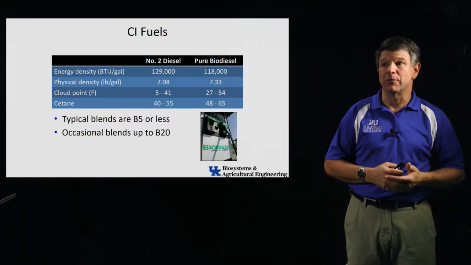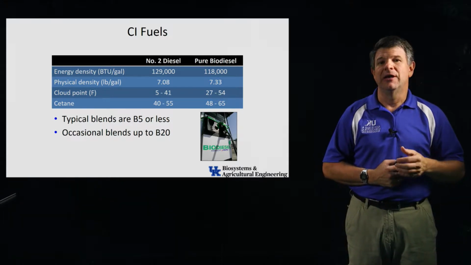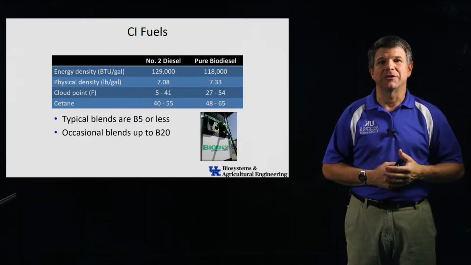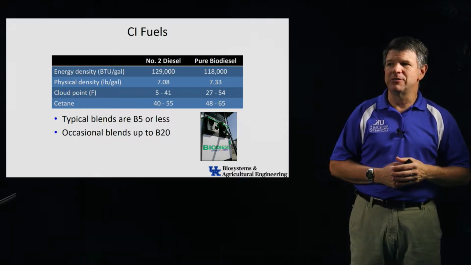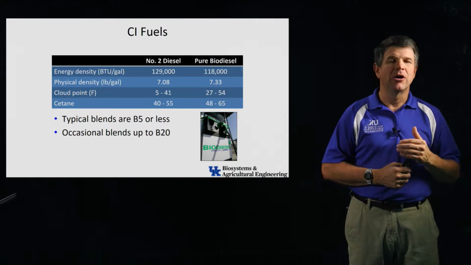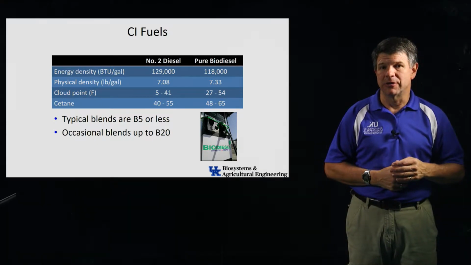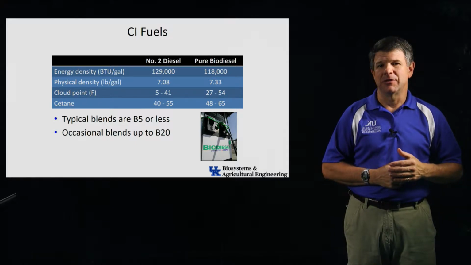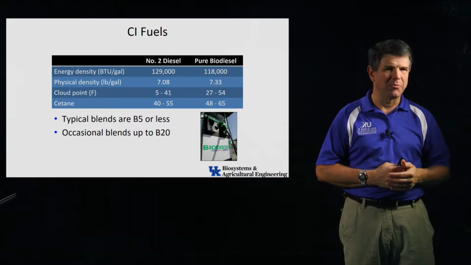Well, what it did is it reached a cloud point where it started to turn into a solid. So it froze, basically, is what that means. And so biodiesel has a much higher cloud point, which means it doesn't have to get as cold before it starts to turn into a gel. And so you have some issues there that you need to be thinking about when we're managing biodiesel supply.